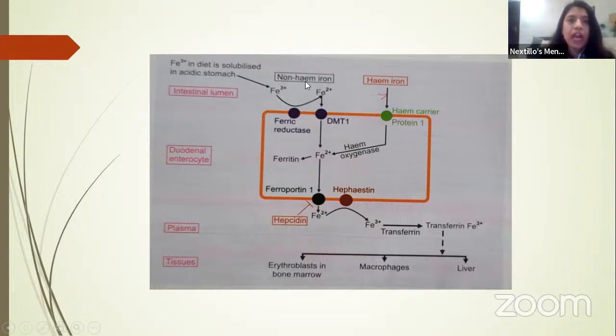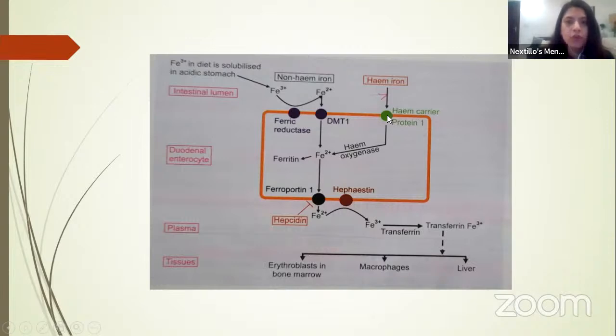When iron is coming into the intestine through diet, if it's heme iron taken from meat sources, it is in ferrous form. Whereas if it is coming from vegetarian sources, it is mostly in ferric form. For it to be absorbed, it has to first convert into ferrous form, which is done by an enzyme on the surface of the enterocyte called ferric reductase.